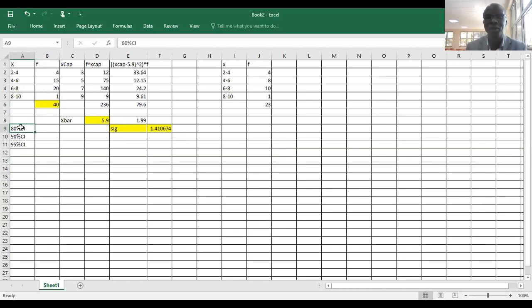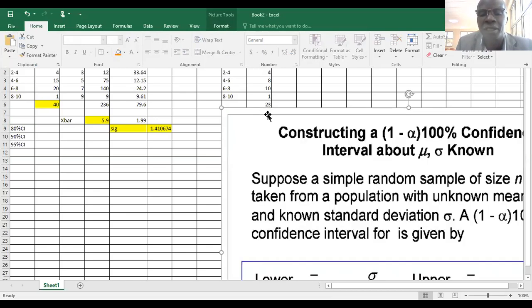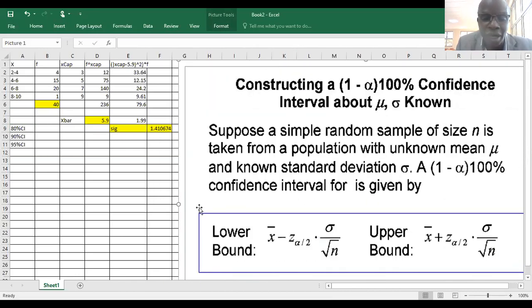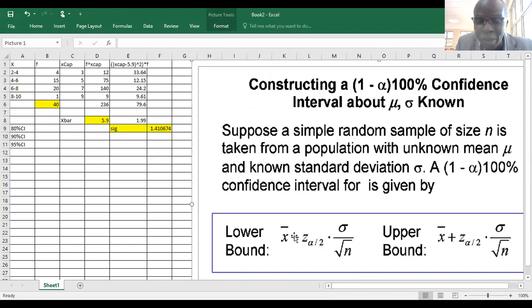So, listen to the question I'm asking you. Let me bring this side so that you can see it clearly. Let me copy this, and you can see it clearly here. Remember, ours is x bar plus or minus z alpha over 2 times sigma over root n.